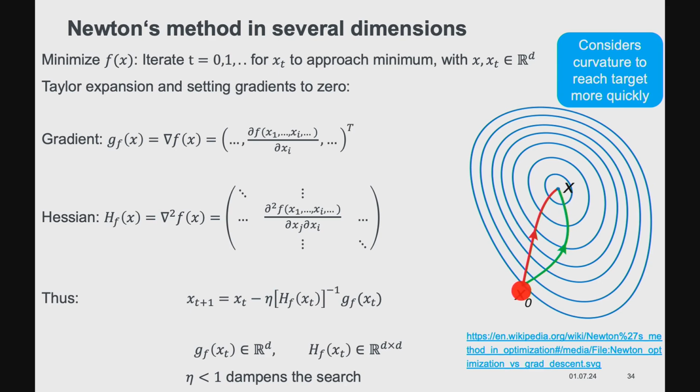And when we know about the Hessian, we can take a shorter way to the minimum of this function. So the shortest way might be here, along the red line, which is not necessarily the steepest descent.